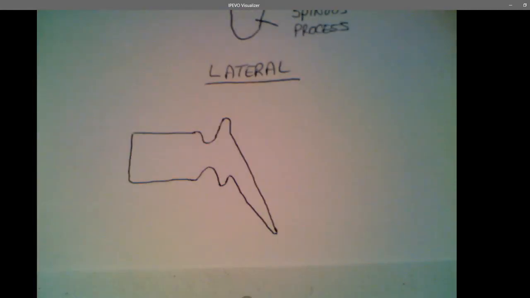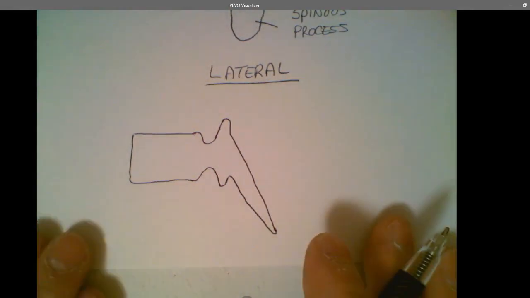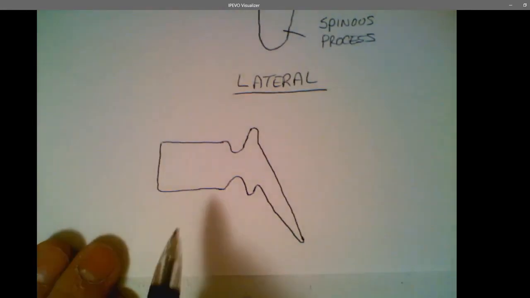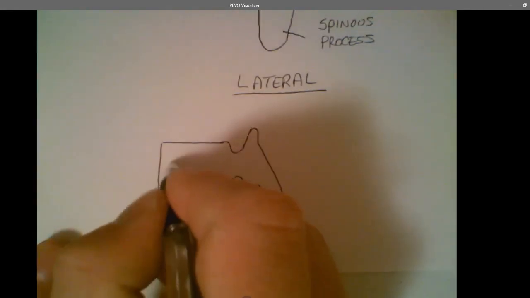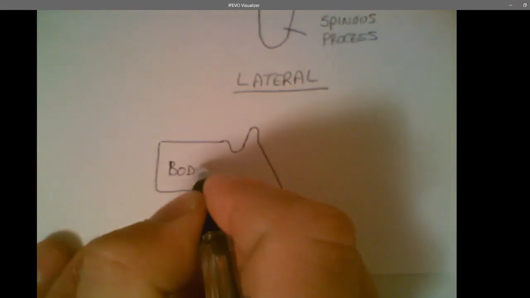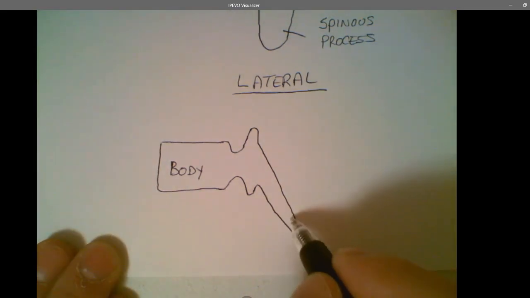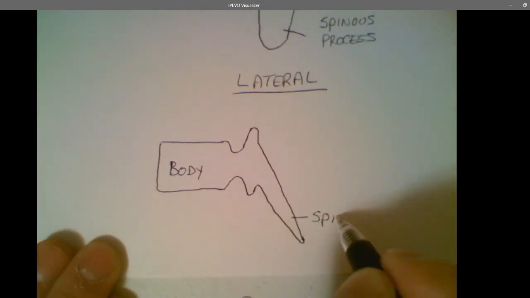Now, this is a typical vertebrae from the side, or a lateral view. Now the same thing is this box here is the body. This sticking out of the back of the vertebrae is our spinous process.